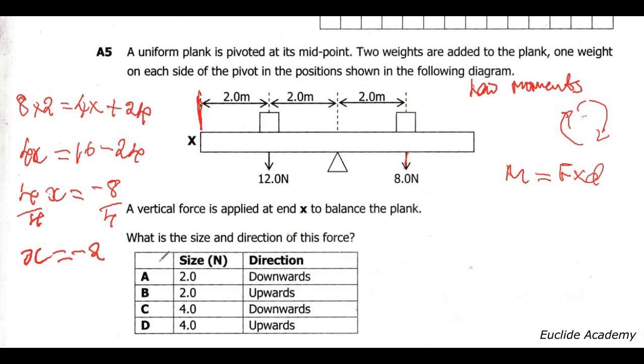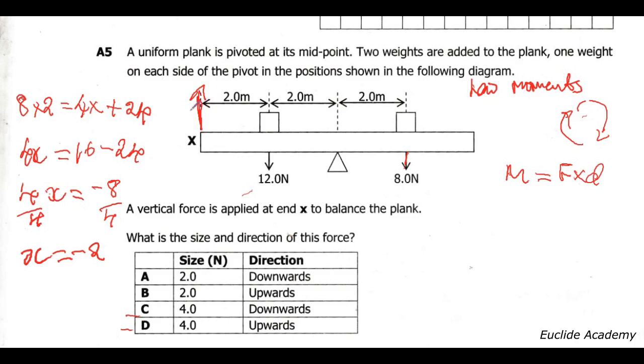But this gives us the size, which is 2. So we have a negative value here. So now the question is what will be the direction? If this is a negative value, then the direction should be this side, upwards.